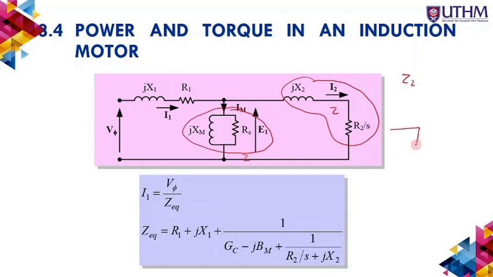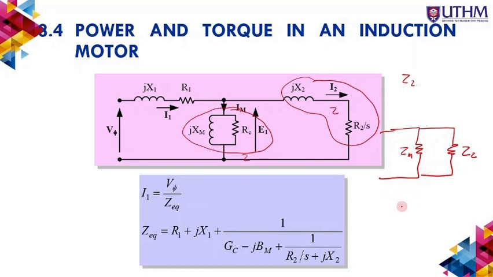So sini dengan sini, ni jadi Z2, ini jadi ZM. Dia parallel.